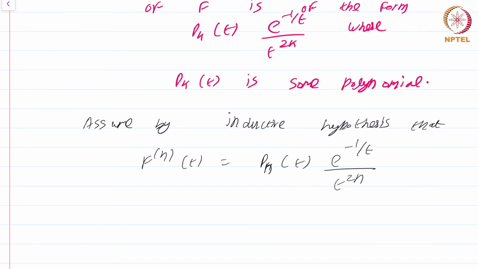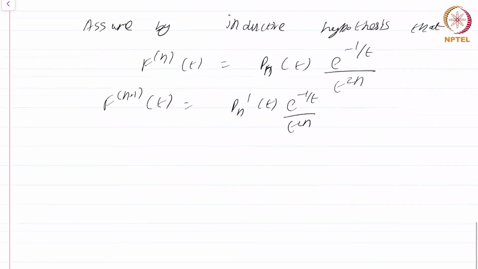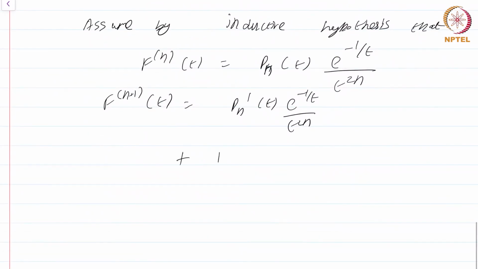Okay, now we'll have to show the same thing for the n plus 1th derivative. So f n plus 1, the derivative at t, is going to be nothing but pn prime of t times e power minus 1 by t power 2n. I'm applying the product rule first, plus pn of t into the derivative of e power minus 1 by t power 2n.